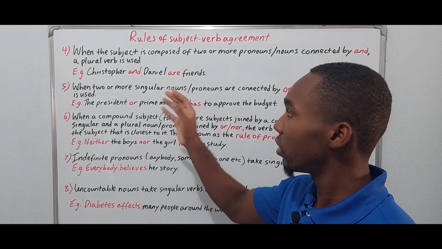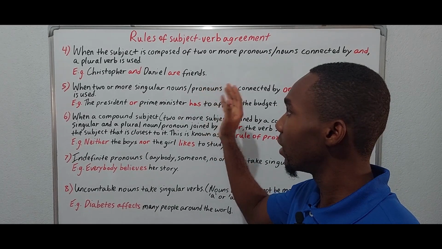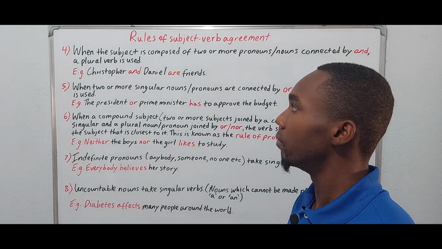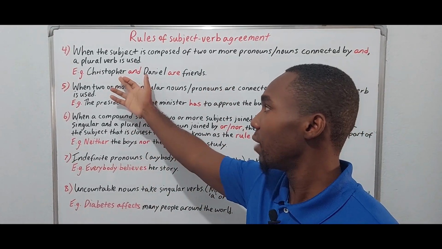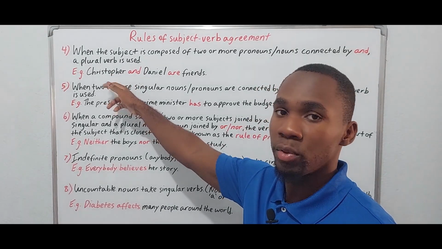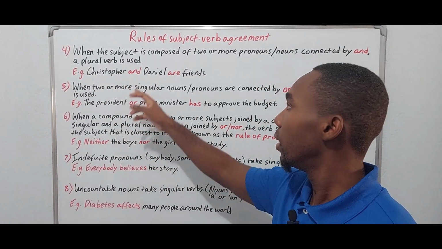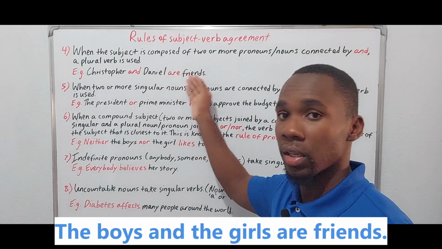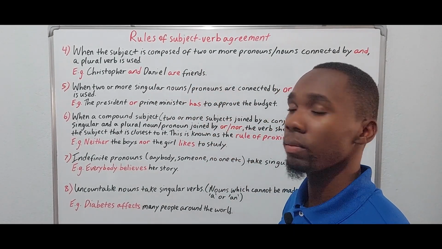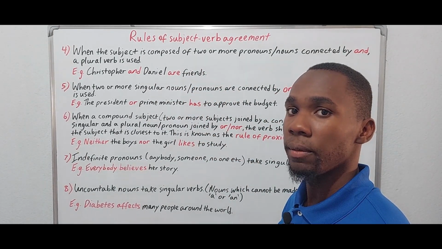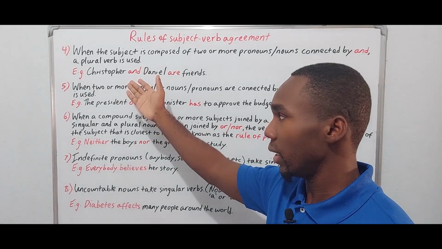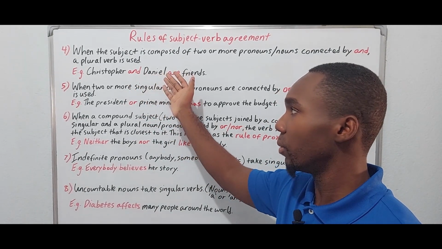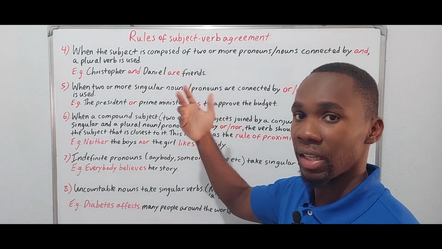Okay, so Christopher and Danielle are friends. So it doesn't matter if this first part is plural. So the boys and the girls are friends. Right? And in this case, you have the 2 subjects being singular.